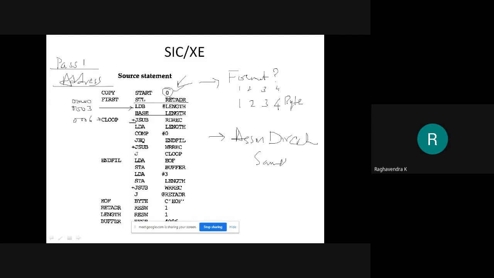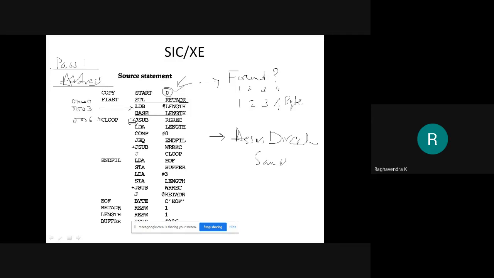I already mentioned that this is how you identify instruction formats, right? Instruction formats are identified as follows. If it's a simple instruction that looks like a SIC standard model instruction, then it's basically a format 3. If the instruction is preceded by a plus, then it is a format 4.